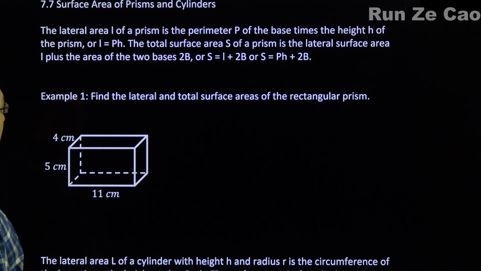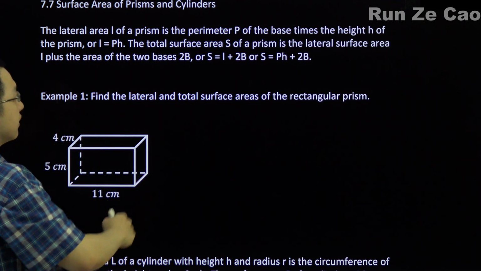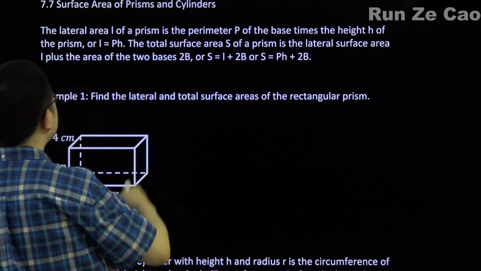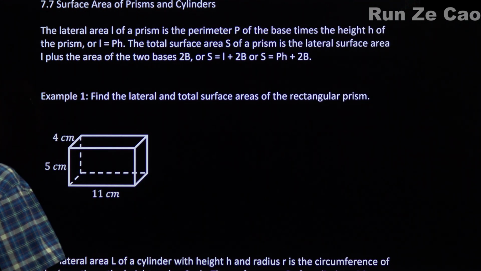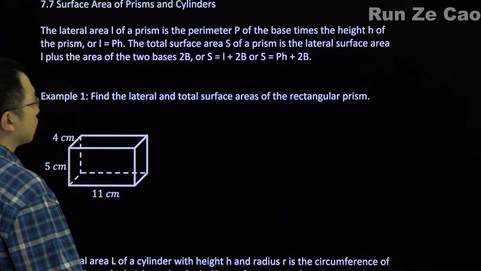So we can say that the total surface area S is equal to the lateral surface area L, lowercase l, plus the area of the two bases, 2b.